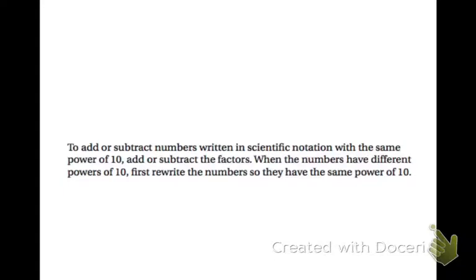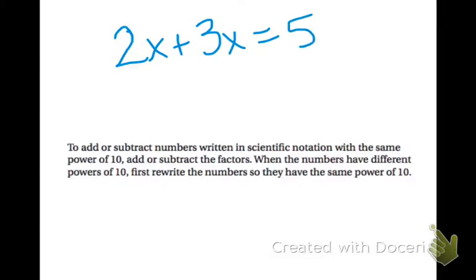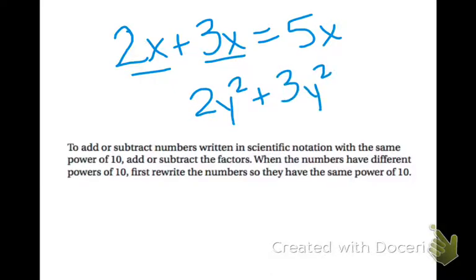So think of it like when you used to have things like 2x plus 3x equals 5x. We could do that because they were like terms, right? 2y squared plus 3y squared is equal to 5y squared.